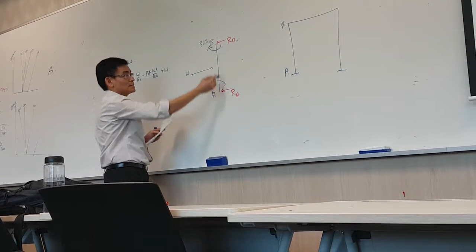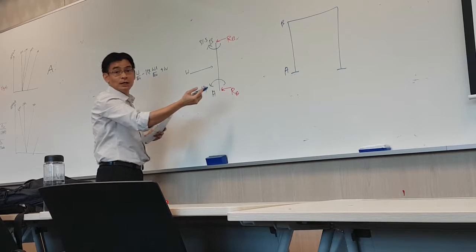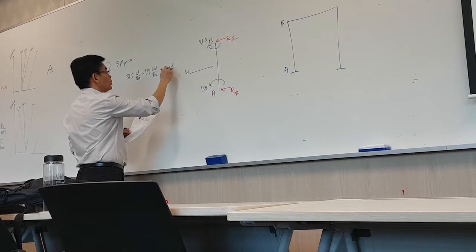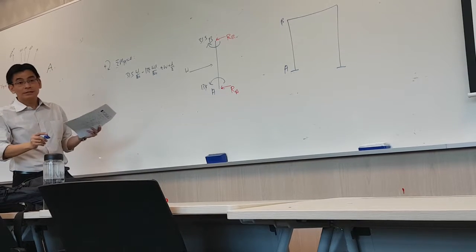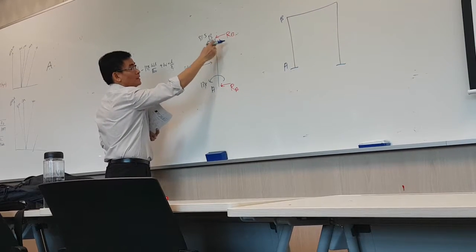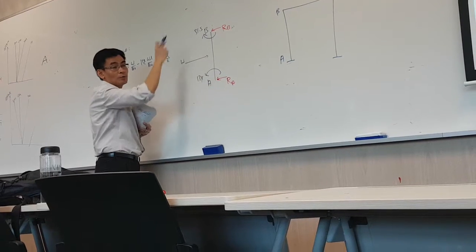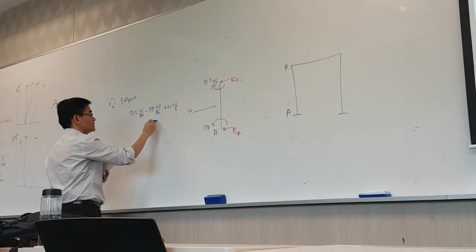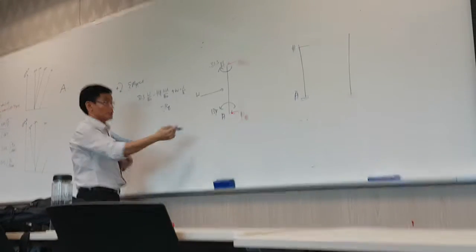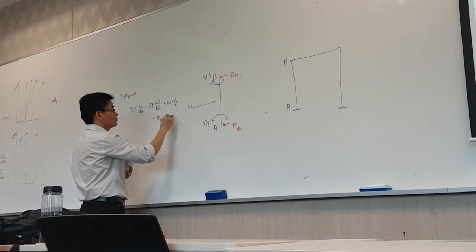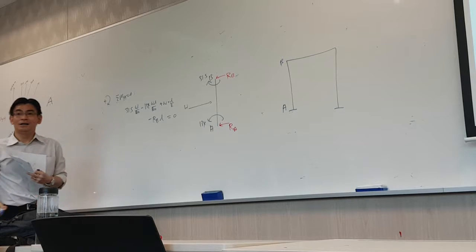This length is L and this is L over 2, so it's multiplied by L over 2. And RB acts as an anti-clockwise moment about A, so you minus RB multiplied by the distance L. All of these have to equal 0.